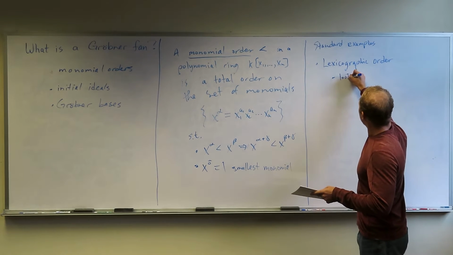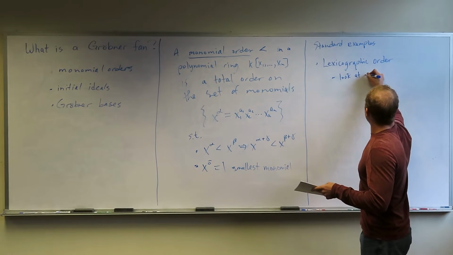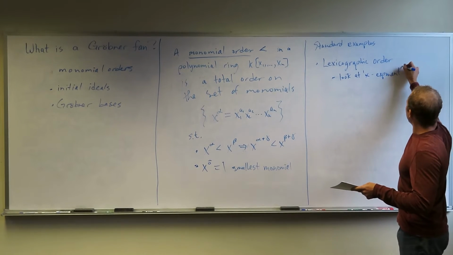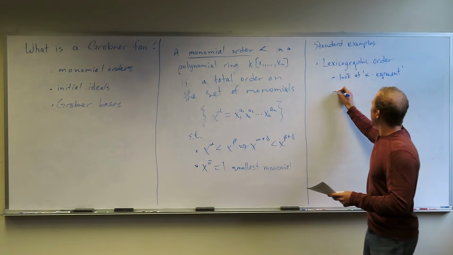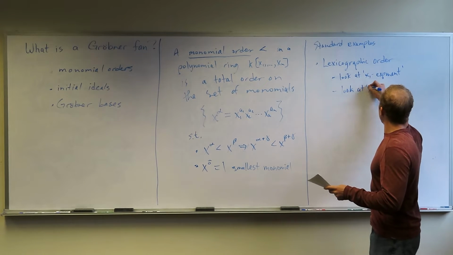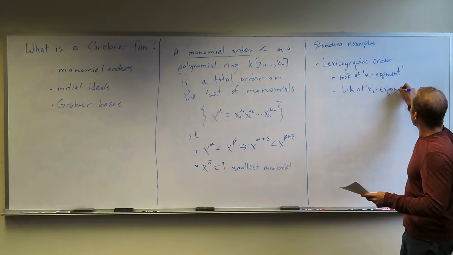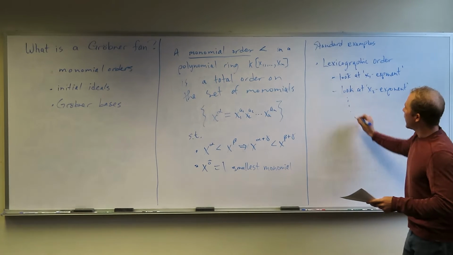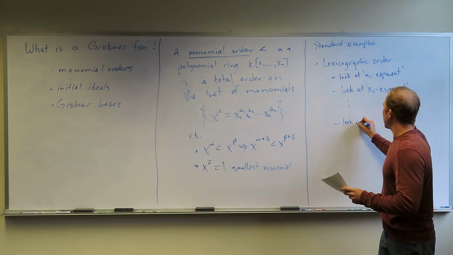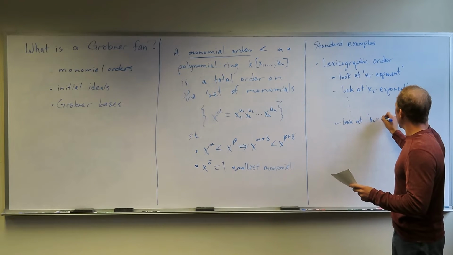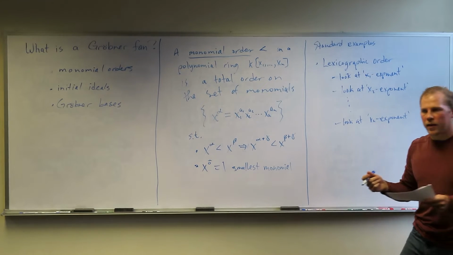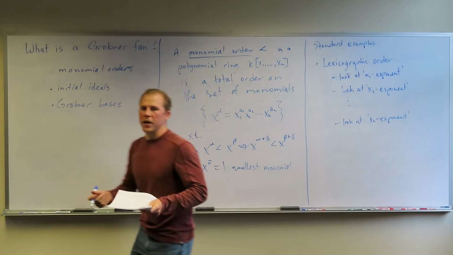First, look at the x exponent. Bigger one wins. Then look at the y, or x2 exponent, and so on. And when you get down to your last one, your xn exponent, you'll have resolved any possible ties. So there can't be any ties after that.